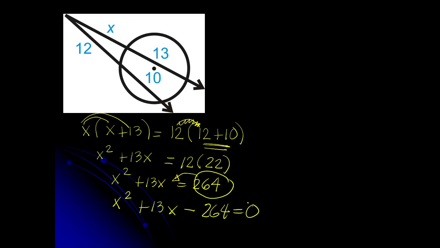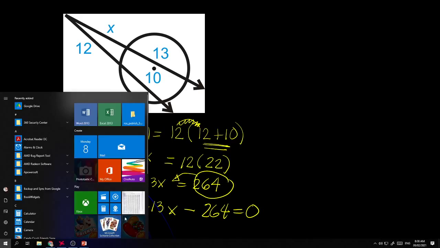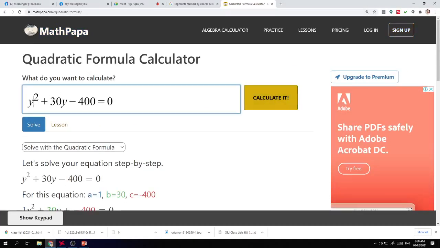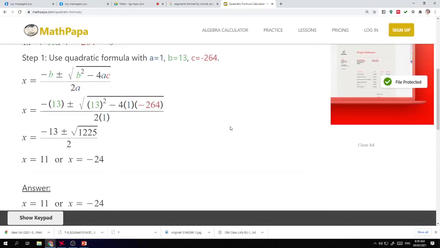Let's now use math, Papa, again. Take note: x squared plus 13x minus 264. We have x squared. How many? Plus, how much? Minus how much? 264, right? Let's calculate. There you go.